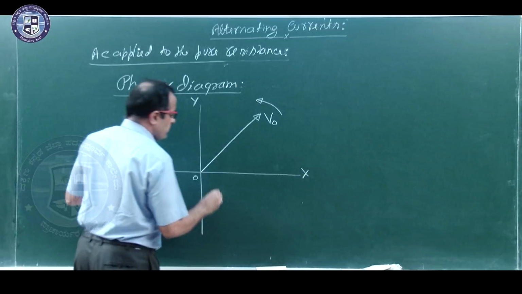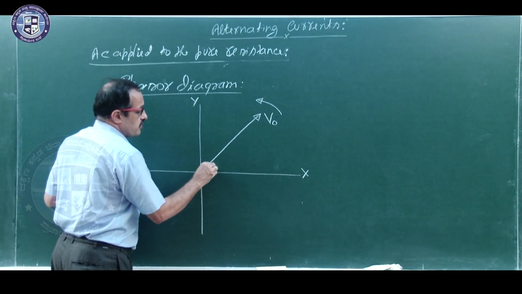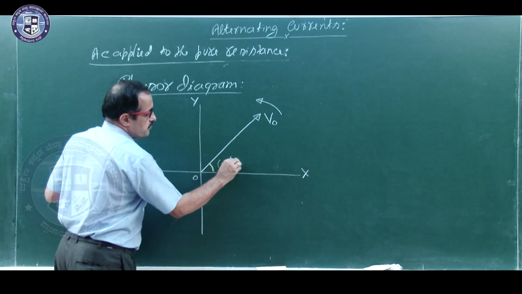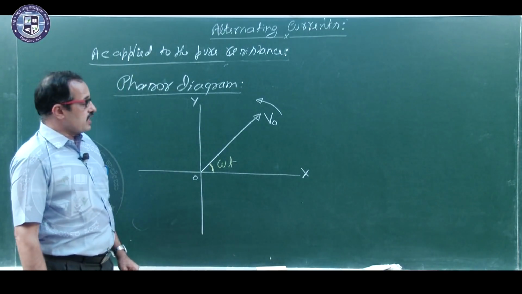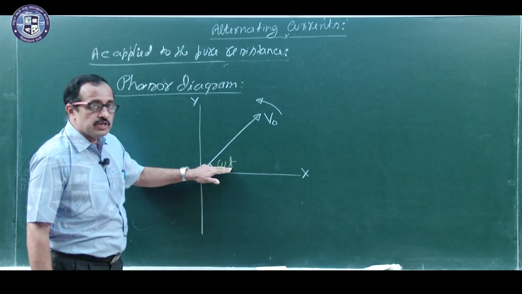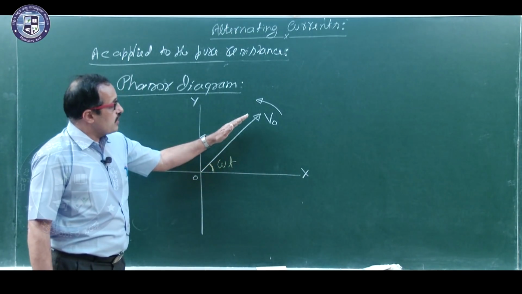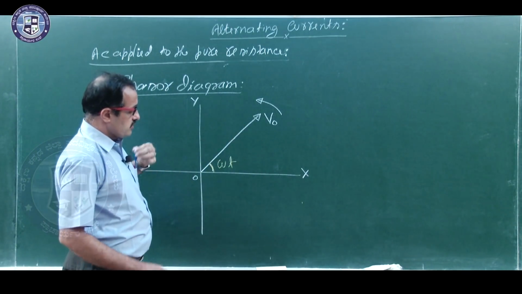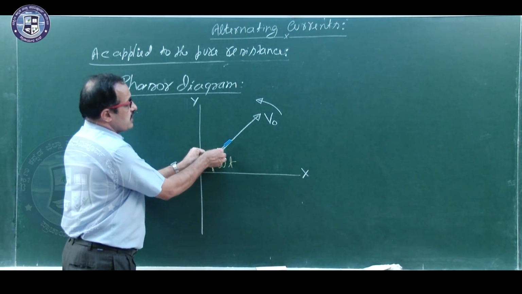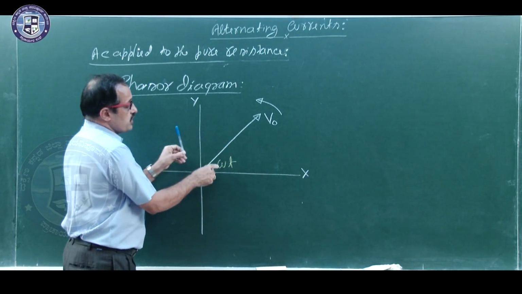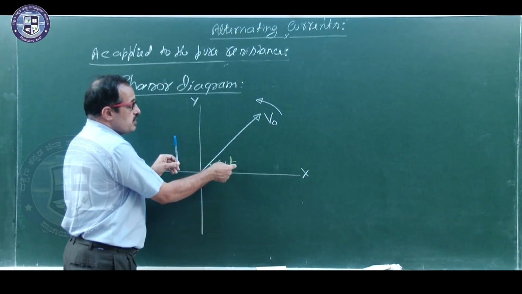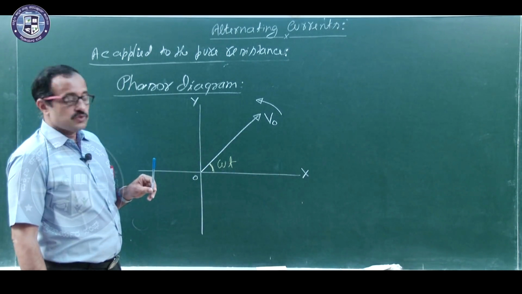And this angle is the phase angle omega t. As the time increases, omega t, that angle also increases, and this vector is rotated in the anti-clockwise direction according to the angle. Angle depends upon time.